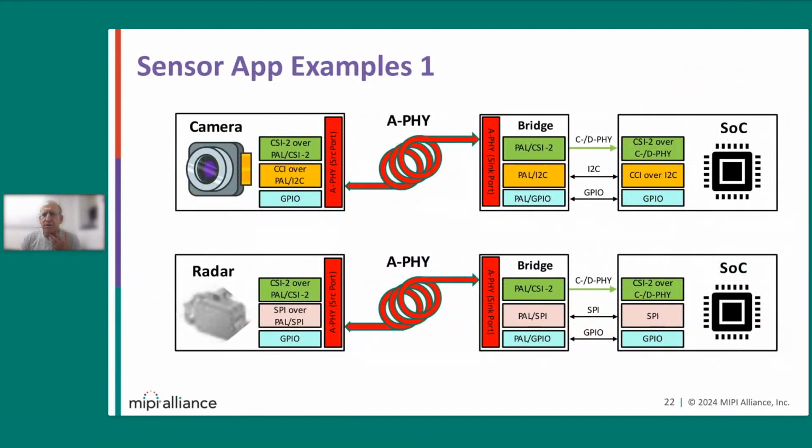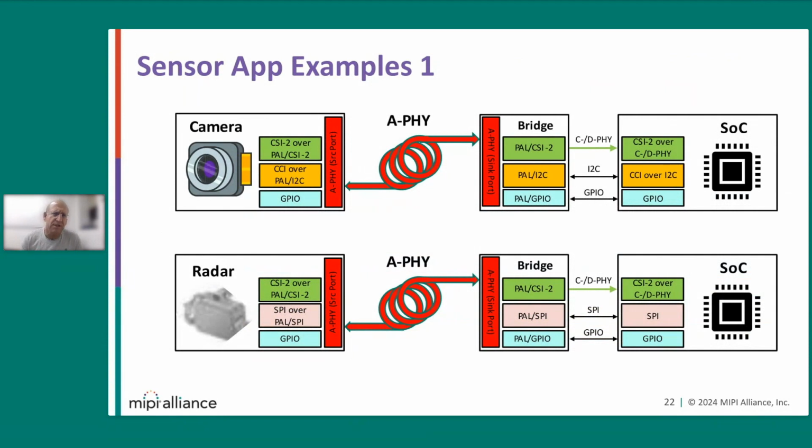Let's begin with a system overview of some of the applications. Starting with sensor applications, we can see here two types of sensor, the camera sensor and the radar, which are connected to the SoC at the other side through an A-PHY connection. And here we can see two types of integration levels.